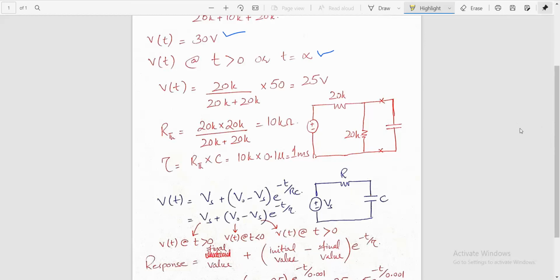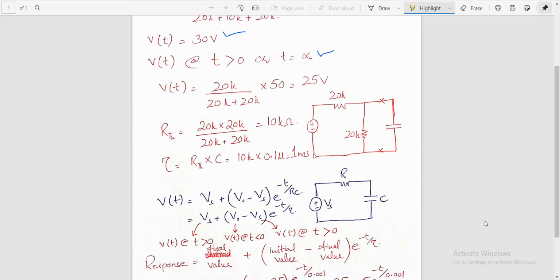We had the solution V of t equal to Vs plus (V0 minus Vs) exponential of minus t over tau. So what was Vs? Recall that at time t equal to 1 time constant, we evaluated the voltage across the capacitor as 63%.